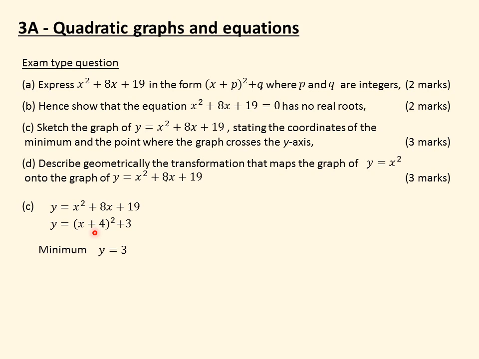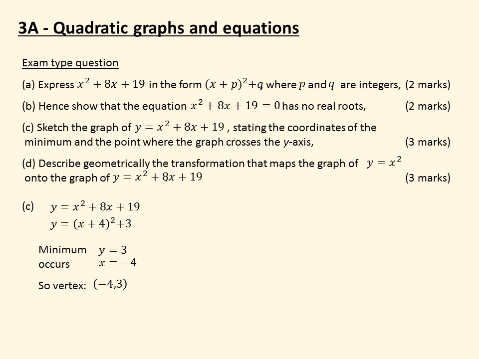So the smallest value the whole of the right hand side can be is 3. This squared part is going to be 0 when x is minus 4. So this is where the vertex is, the lowest part of the graph. The vertex is at (-4, 3).